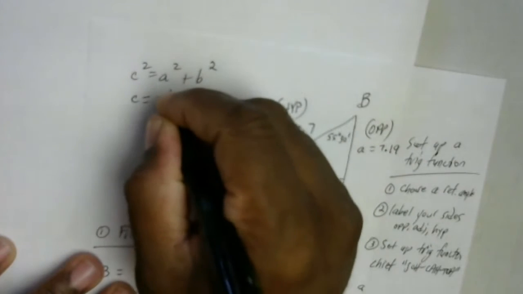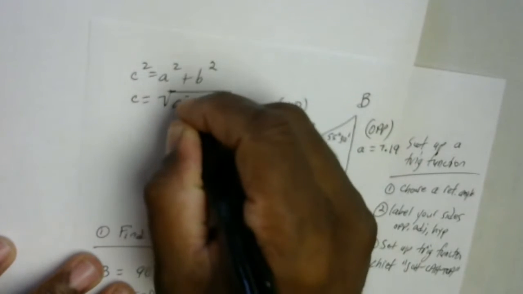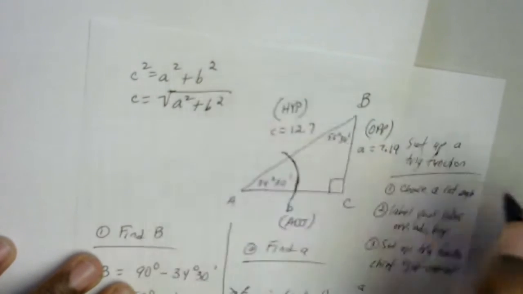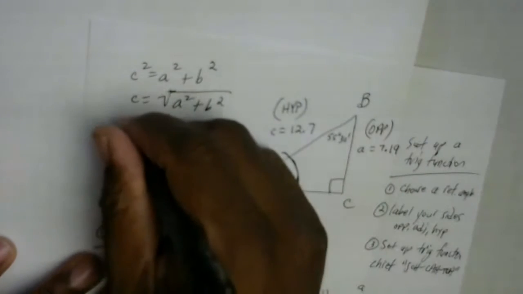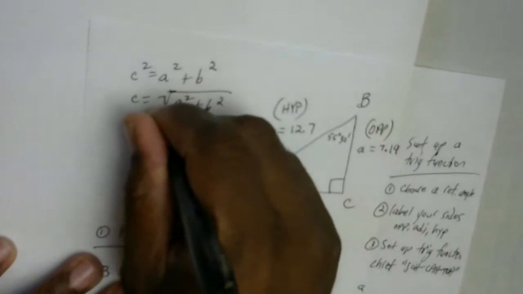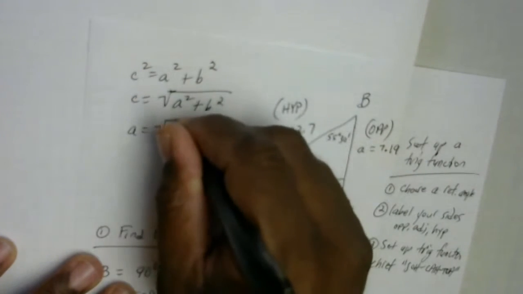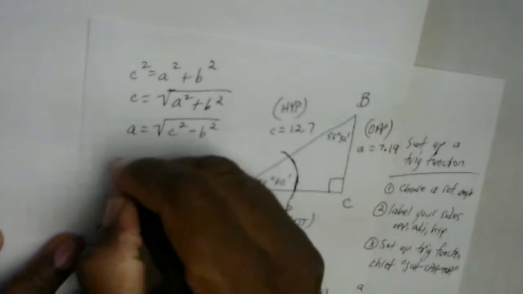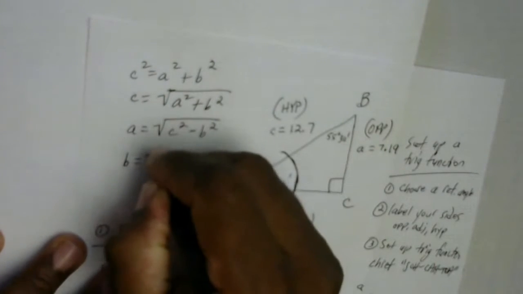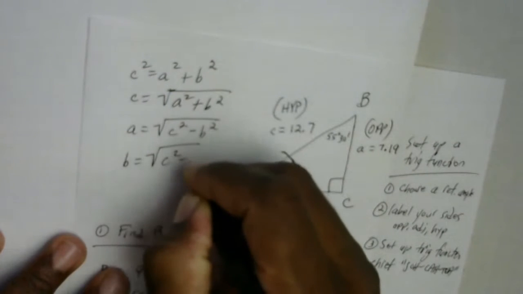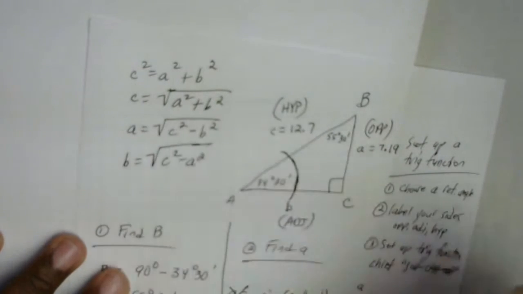C is equal to the square root of A squared plus B squared. A is equal to the square root of C squared minus B squared. B is equal to the square root of C squared minus A squared.